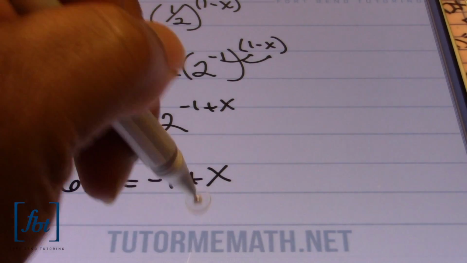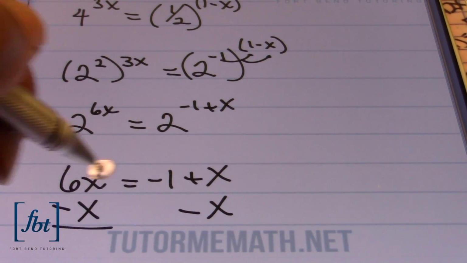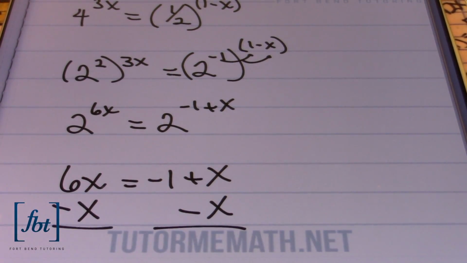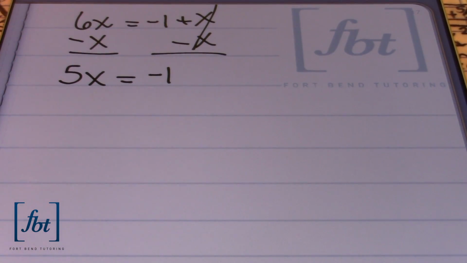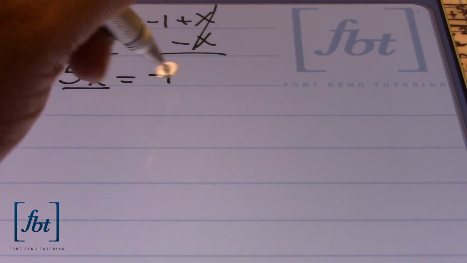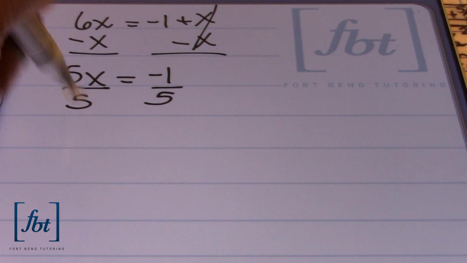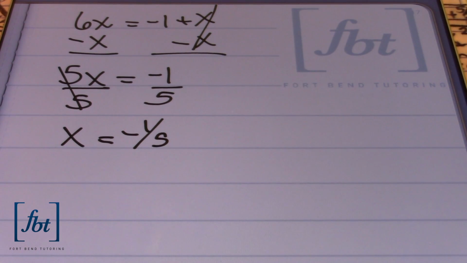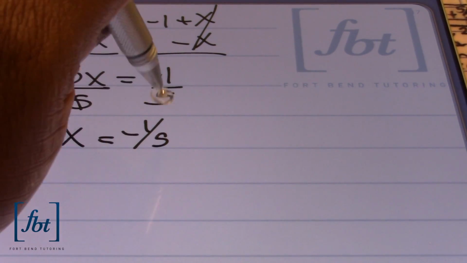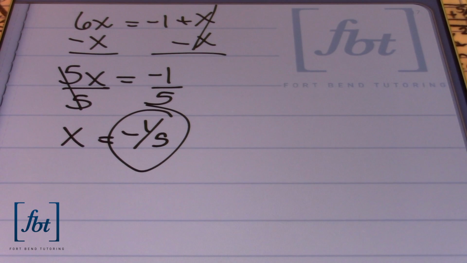From here, I'll be subtracting x from both sides of the equation, using the subtraction property of equality. Then we have 5x equals -1. Oh, the x's are gone. They cancel. Additive inverses. We're going to divide both sides by 5. And I end up with x equals -1/5. We're going to keep the ugly -1/5 that you see right there.